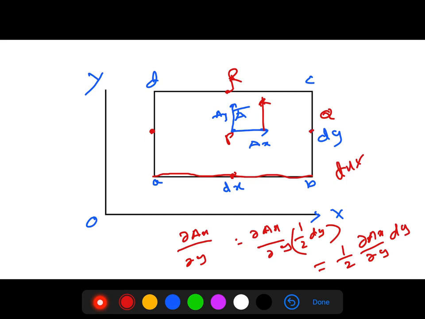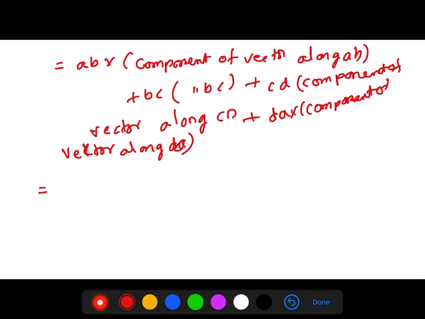Similarly, we take this length and this length and this length, and add them like this. Now let's consolidate all these components.